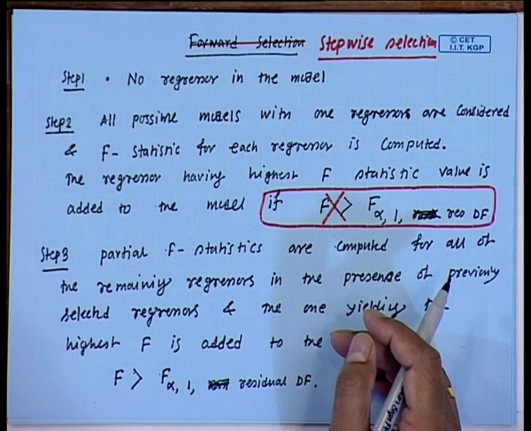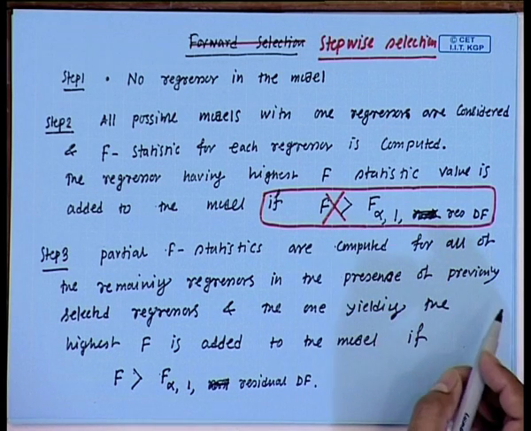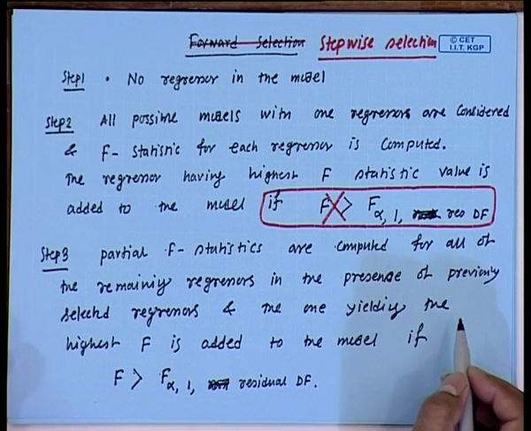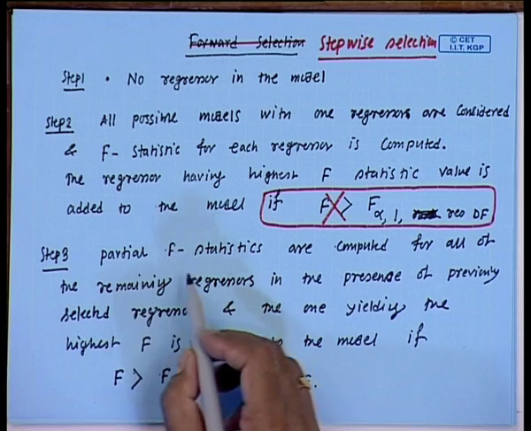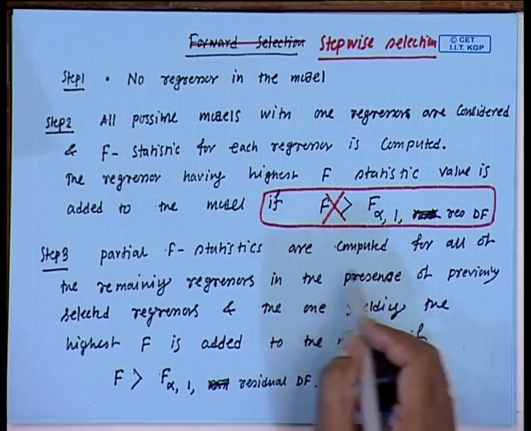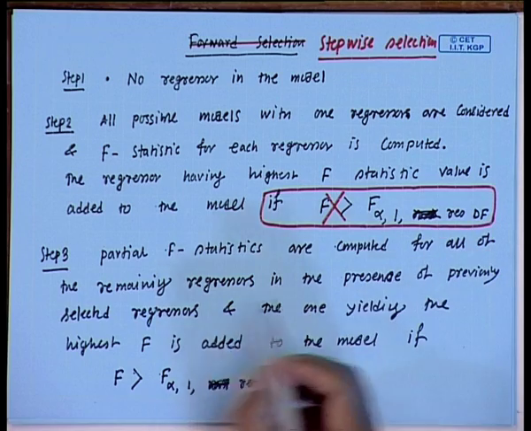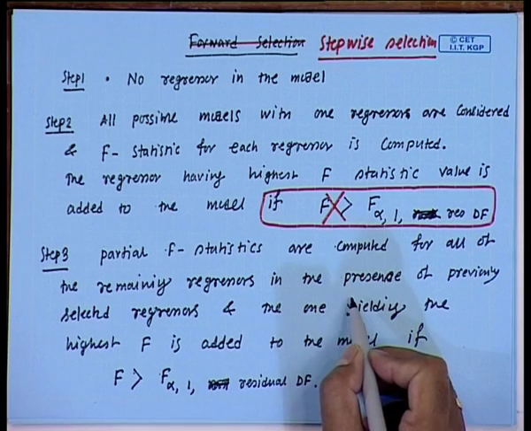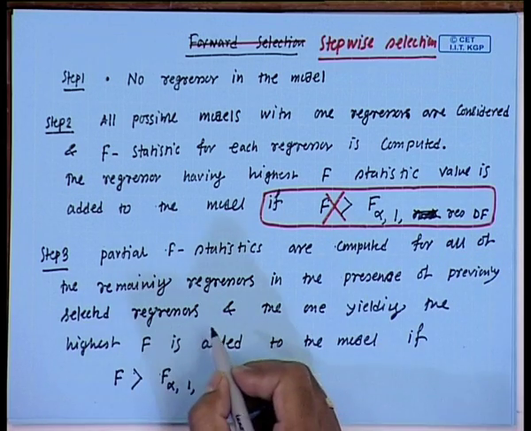Now, the next step is that the partial F statistics are computed for all of the remaining regressors in the presence of the previously selected regressor.